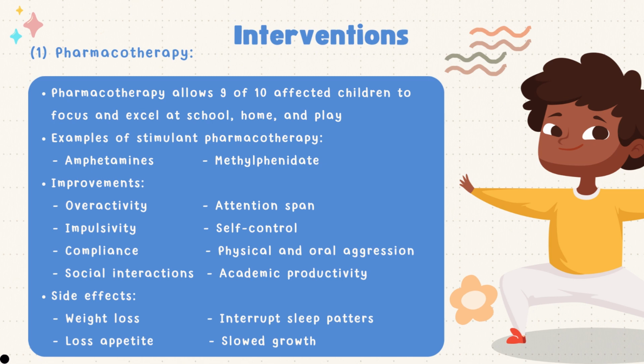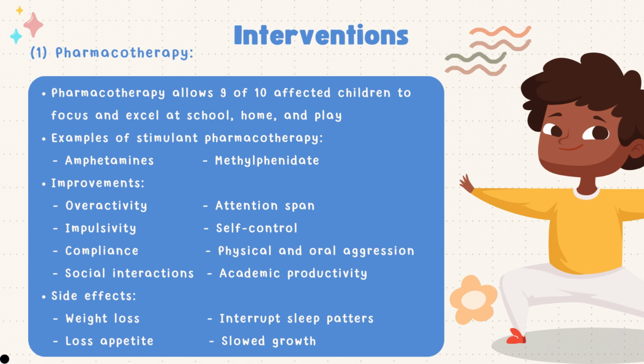There are two primary medical intervention strategies, which include pharmacotherapy and behavioral interventions. So, pharmacotherapy allows 9 out of 10 affected children to focus and excel at school, home, and play. Examples of stimulant pharmacotherapy are amphetamines and methylphenidate.